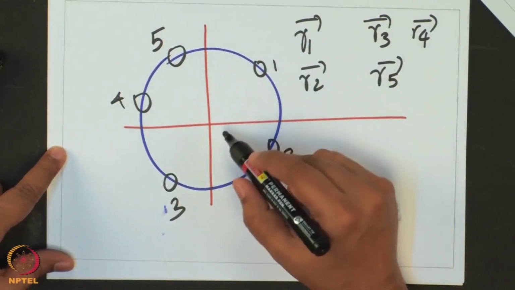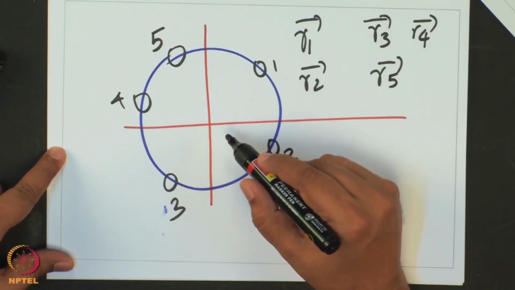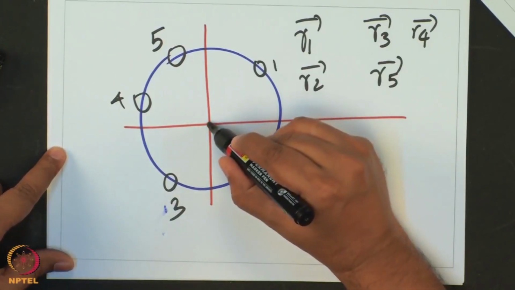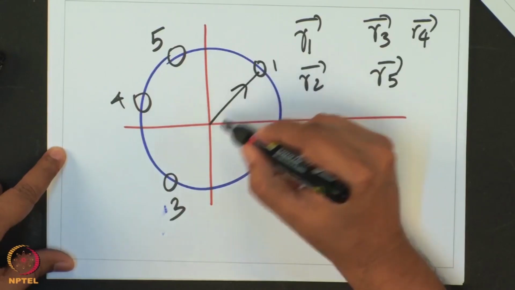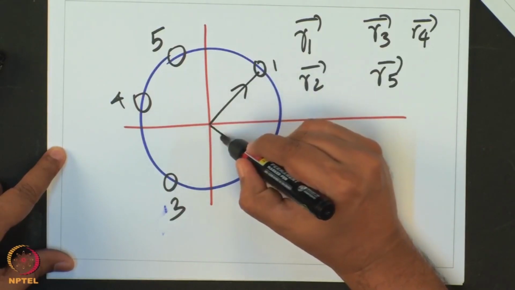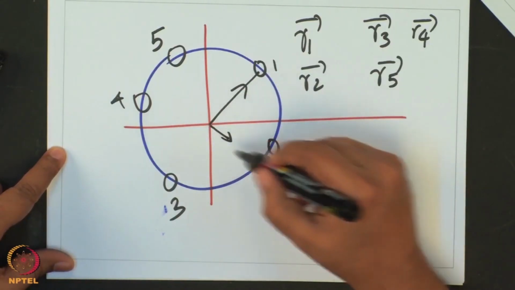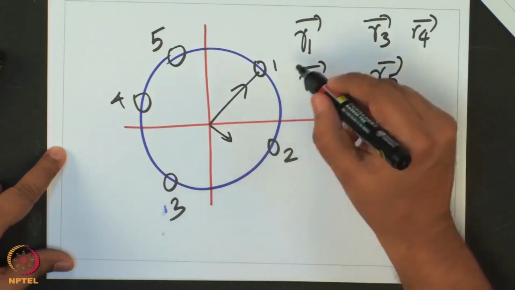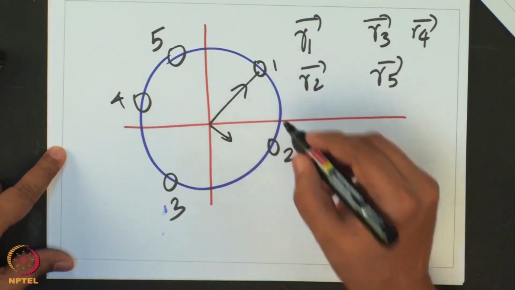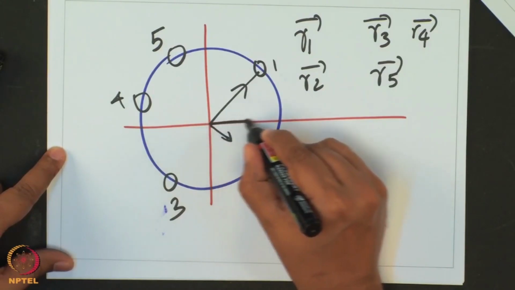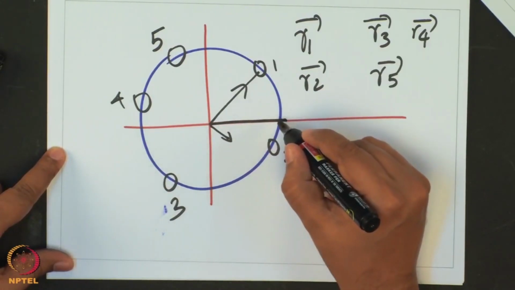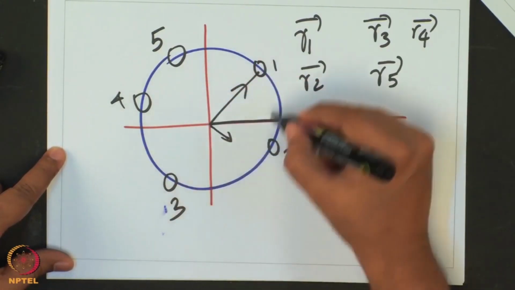But to get any point, two things I know are: which direction to go, should I go this way or should I go this way, and how much to go? If I know this, one would get the point, that is one way. Another way of knowing is that from here, how much angle should I go?